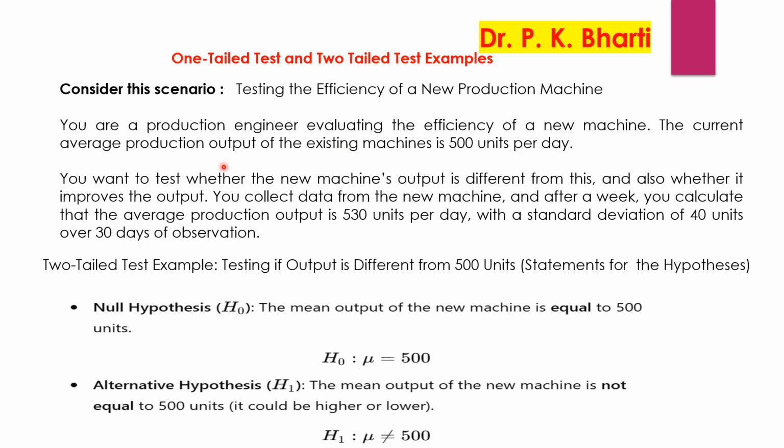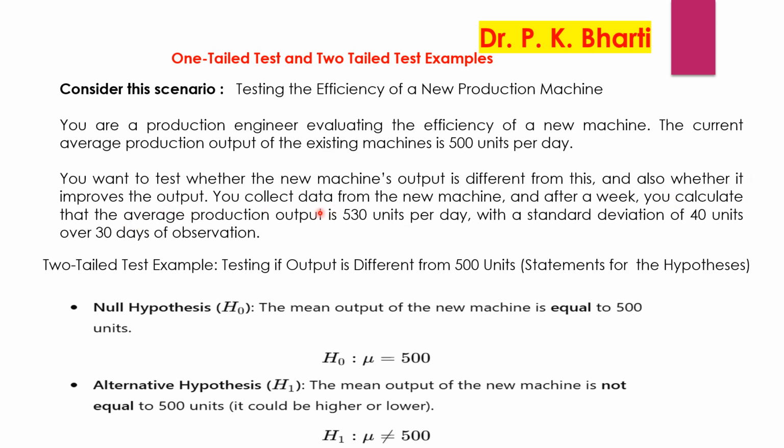The current average production output of the existing machines is 500 units per day, and you want to test whether the new machine's output is different from this, that is 500 units per day, and also whether it improves the output.